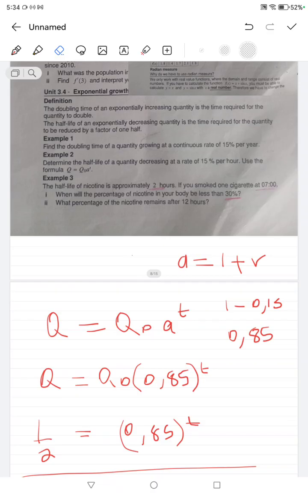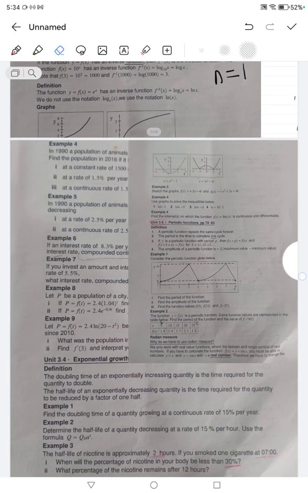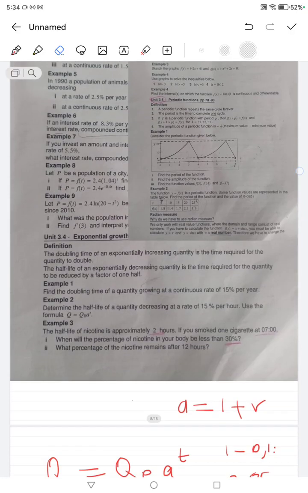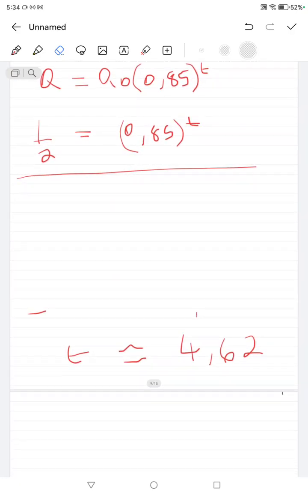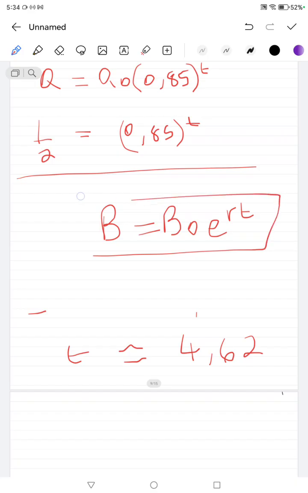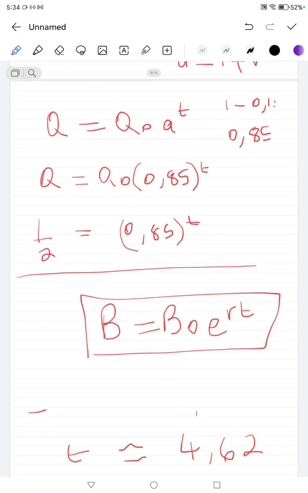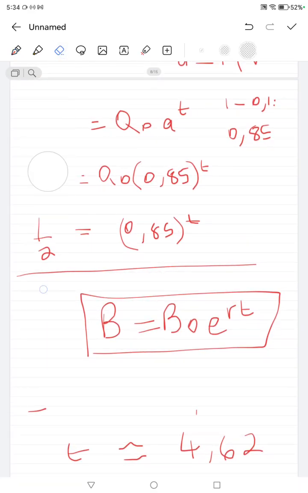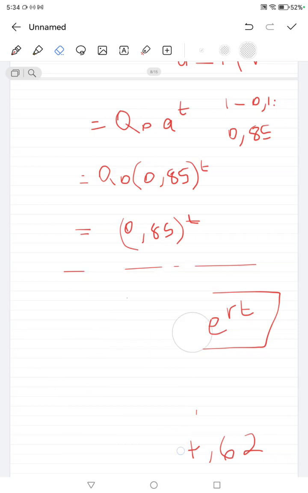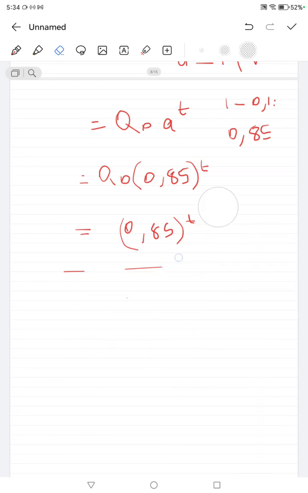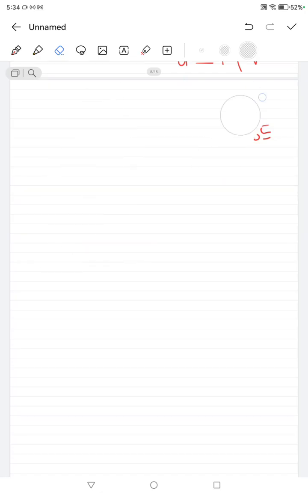Use the one where your continuous formula has your E in your formula, which I have written: B equals B E to the R T. I'd rather use this one. So let's go to these other ones.